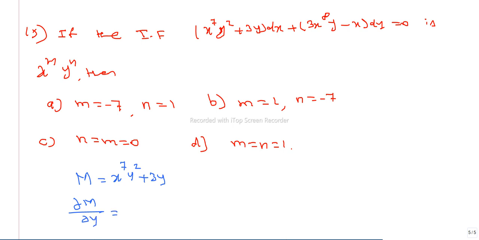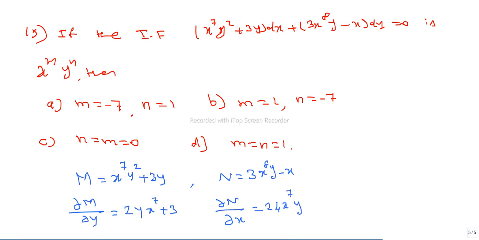It should be 2 times y x power 7 plus 3. And what is N? N is 3 x power 8 times y minus x. If we differentiate this partially with respect to x, we get 24 into x power 7 into y minus 1.